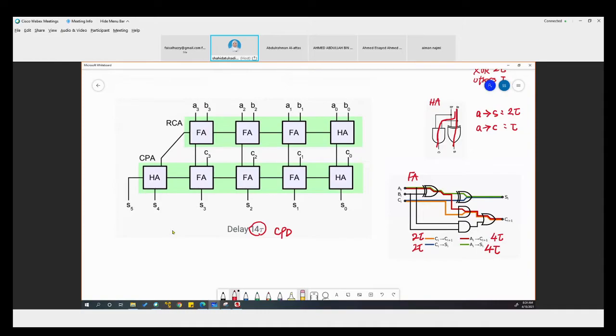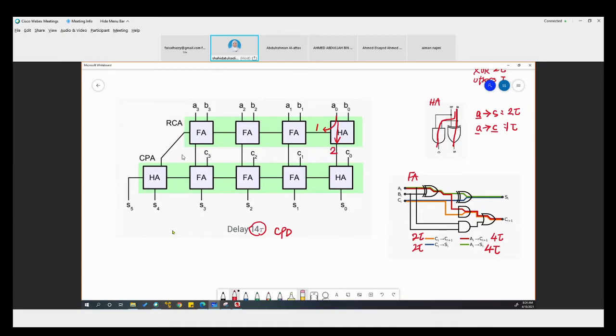So this is a half adder. In half adder, we have a path from input to carry, and then from input to sum. Now, from input to carry, that is tau. So we just write 1. We exclude the tau, just write the number, because this is 1 tau, right? And then from input to sum, this is 2.